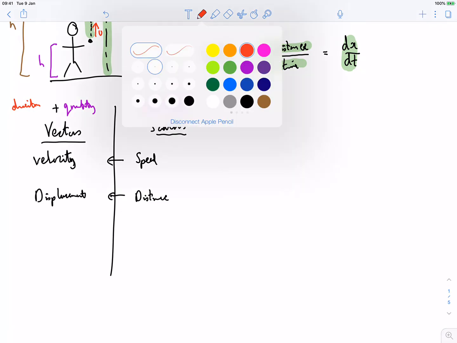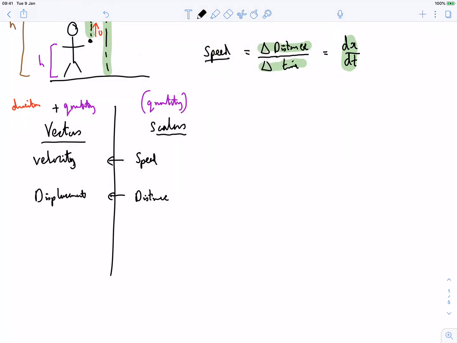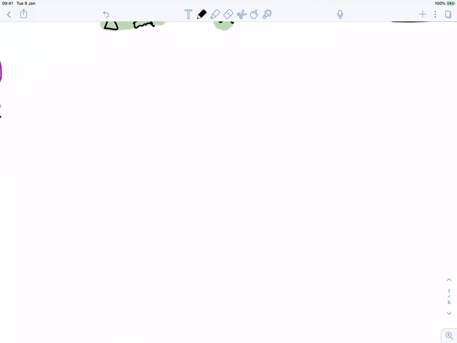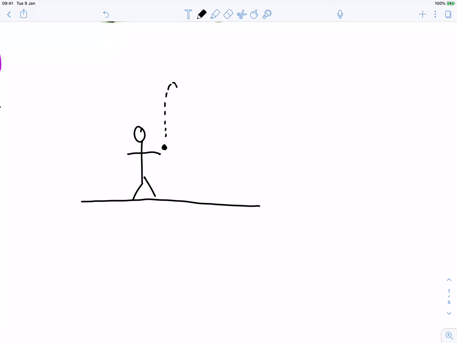And it's really important that when you're dealing with questions, you get a good idea in your mind of what's actually going on. I'll give you an example. Let's say I'm just a dude on the planet Earth, and I throw a beanbag up into the air. It reaches a high point and then falls down.